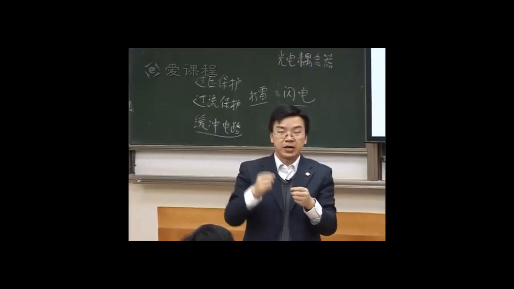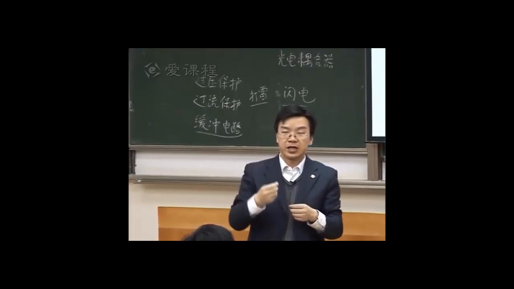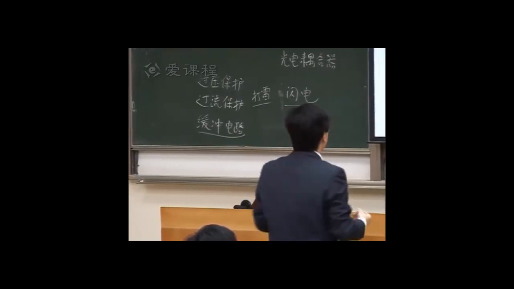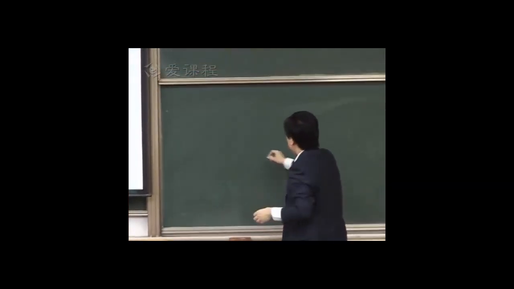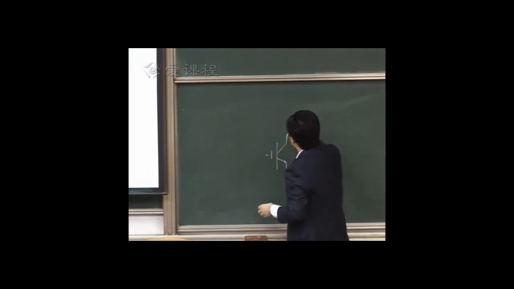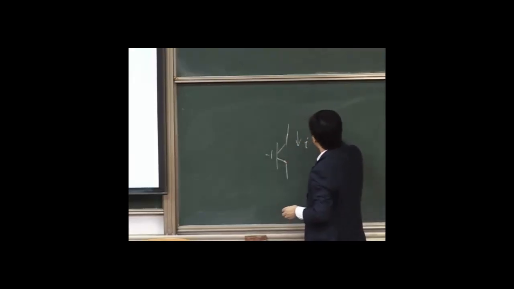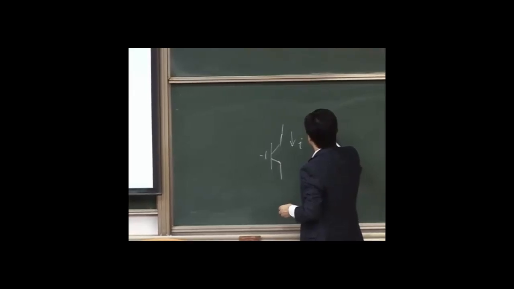This is a very high di/dt, very high current changing. This will cause over voltage. For example, if this is an IGBT, originally there is current flowing here, and suddenly I'm turning this off, then I have very high di/dt.